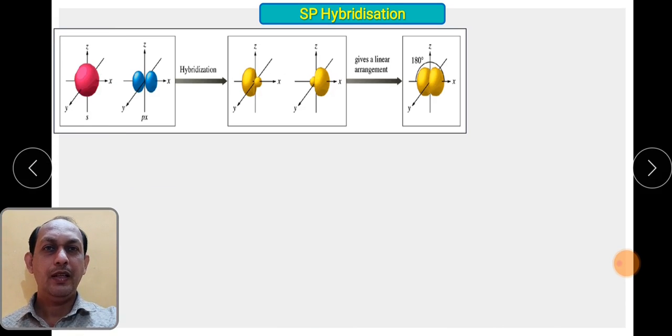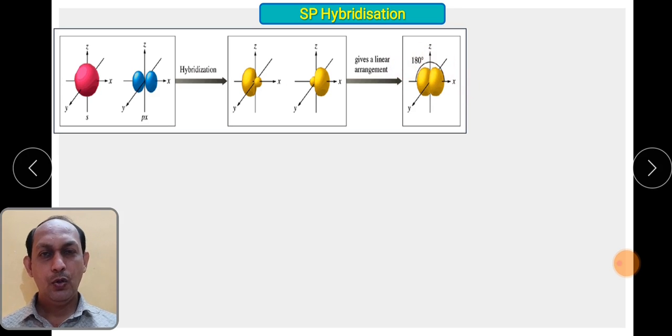Basically, the s orbital is spherical, and the p orbital, as it is a px orbital, is oriented in the x direction. These s and p orbitals in the second shell mix to form a new hybridized orbital, whose shape is linear.